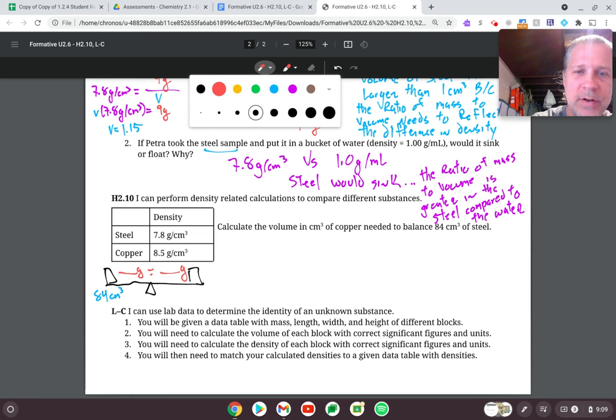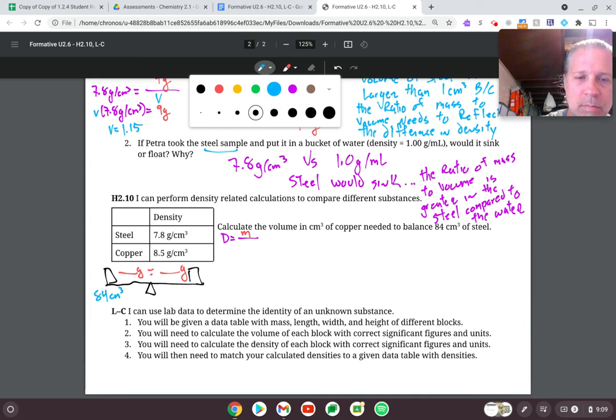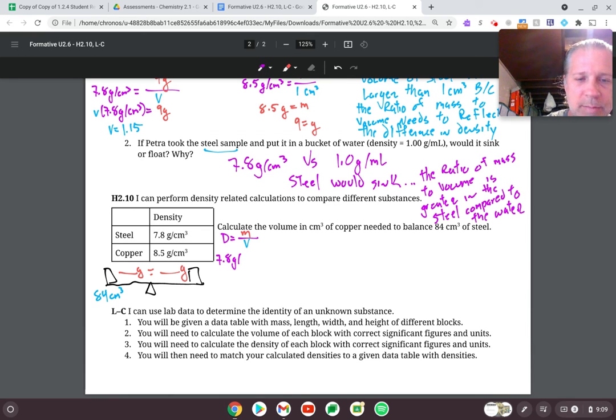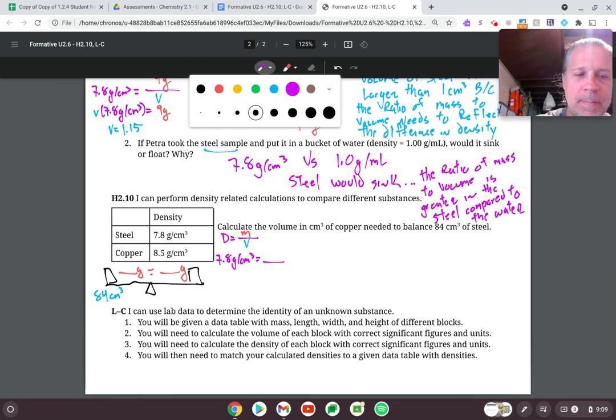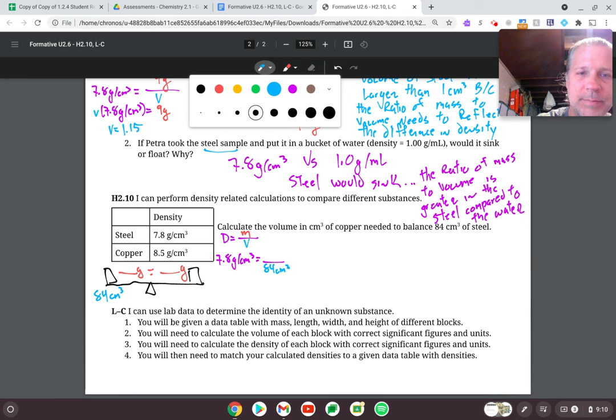So in this case, my first step is to find the mass of the steel. So I'm going to start with density is equal to mass over volume. And I know that the density of my steel is 7.8 grams per centimeter cubed. And I want to solve for my mass. So in this case, I'm going to take my volume, which is 84 centimeters cubed, and solve for the mass.